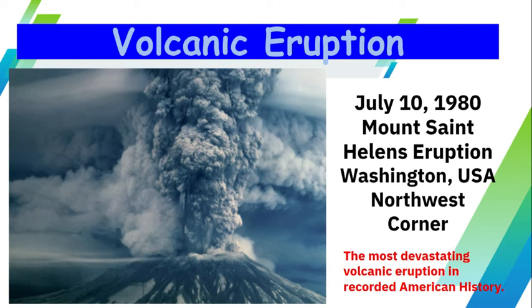It's in the northwest corner of our country, above California, all the way up in the upper left-hand corner of our country. It was the most devastating volcanic eruption in recorded American history. Take a look at that picture.